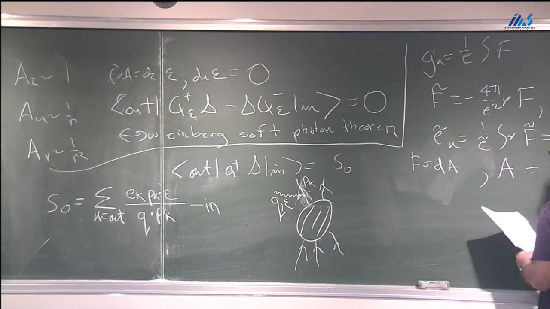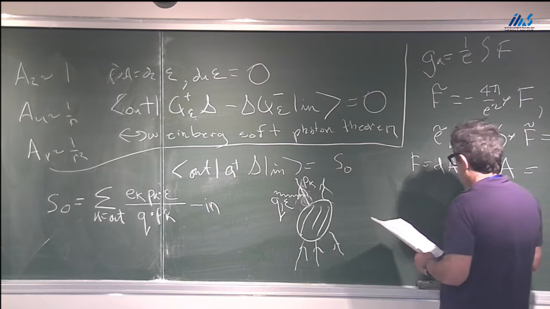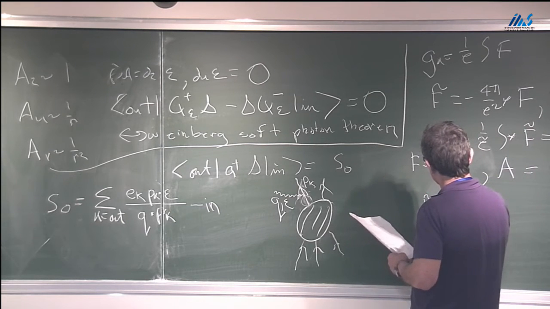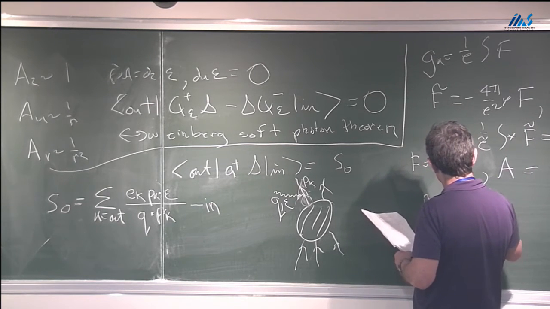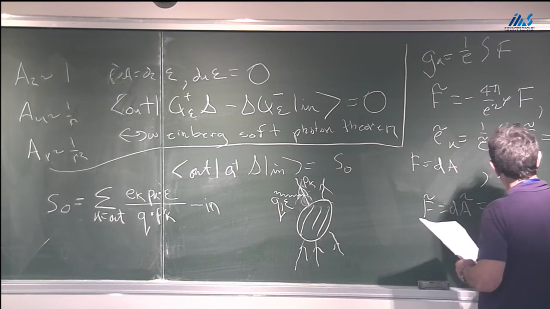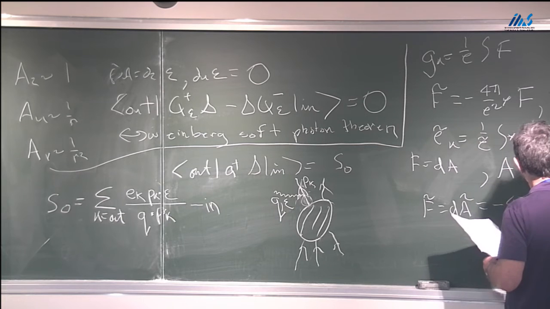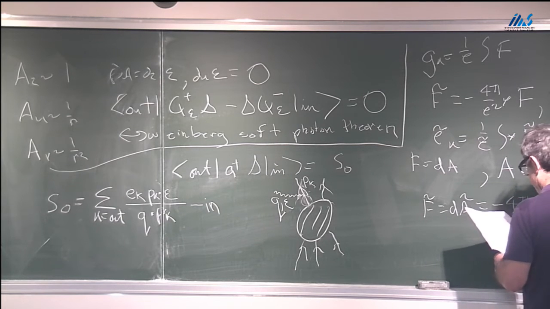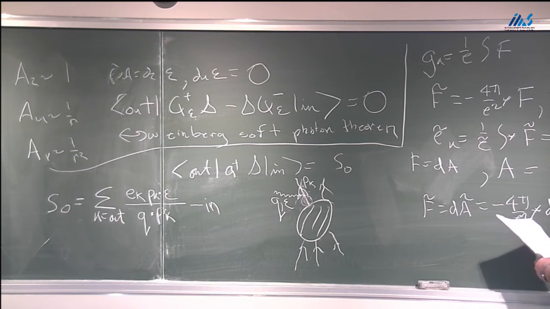That'll be the wave function for A. But F tilde is dA tilde, which is equal to minus 4 pi over e squared star dA. And we want that to be equal to dA tilde. That implies that A tilde is equal to epsilon tilde alpha e to the i q dot x.